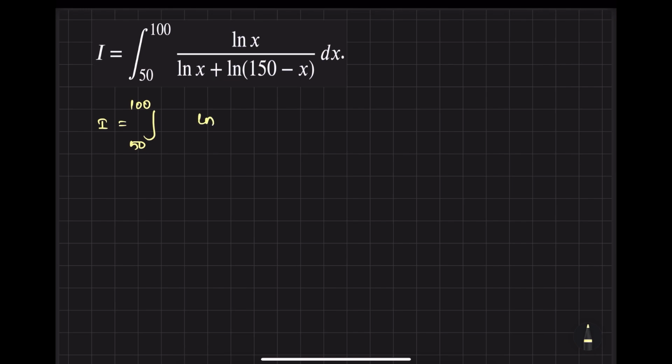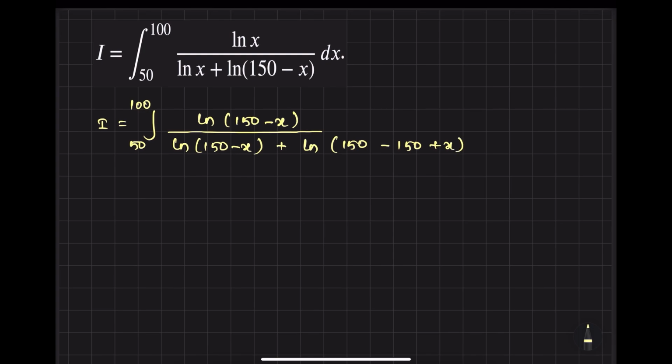So it will become ln 150 minus x. The denominator will become ln 150 minus x plus ln 150 minus 150 plus x, and then dx.